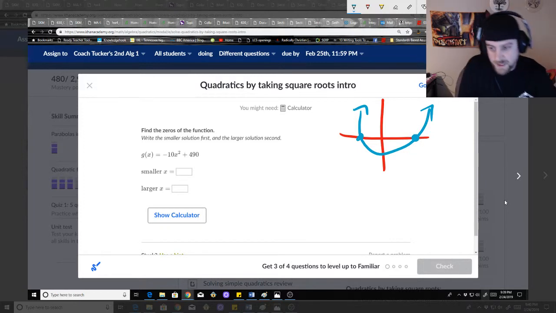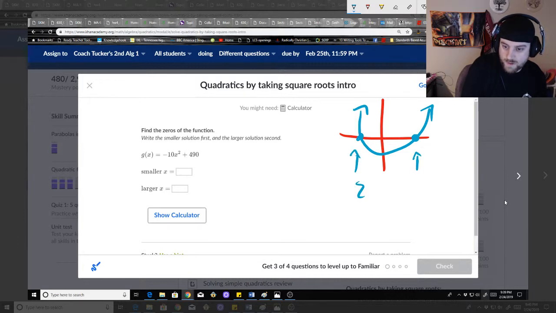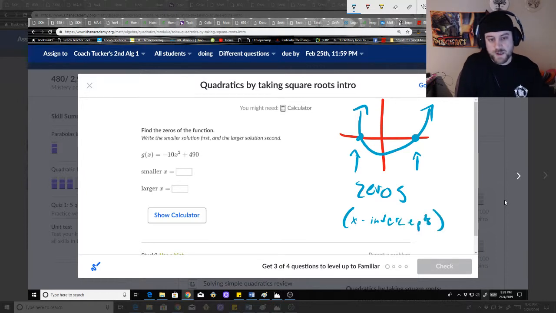In quadratics, we call them zeros. So I would put in parentheses x-intercepts. When we're looking for it, we're trying to figure out where y is 0.